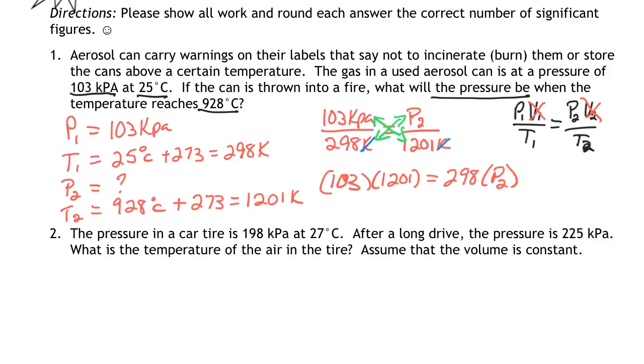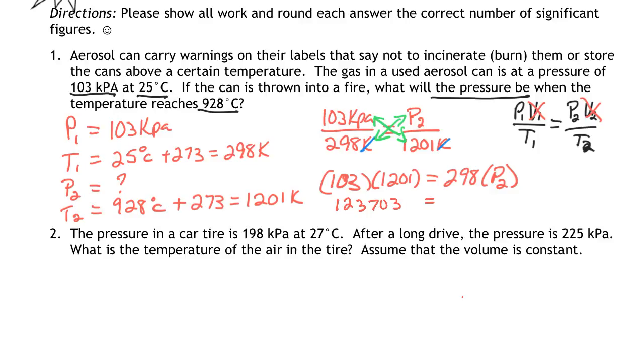In order to solve this, I'm going to multiply 103 times 1,201, and the number I get is 123,703.